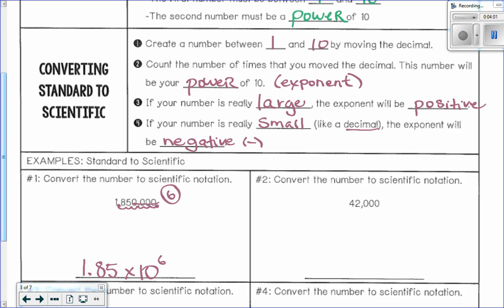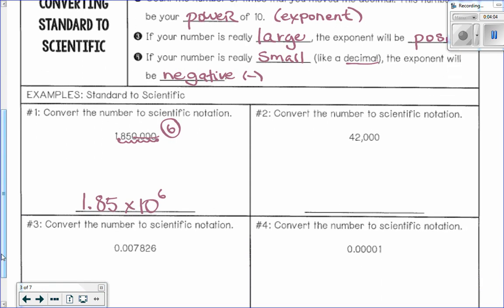So we're just writing the expression. We were given standard form. This is scientific notation.